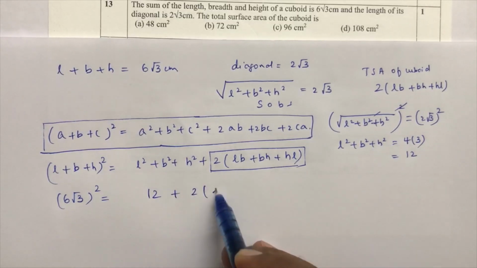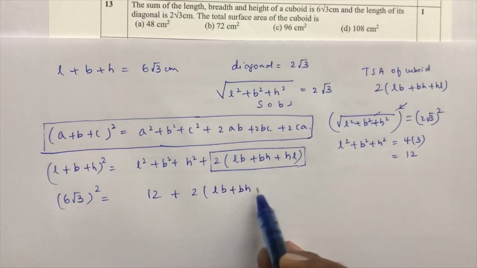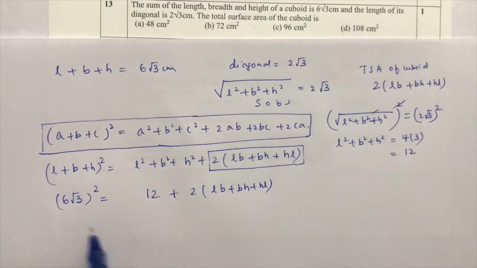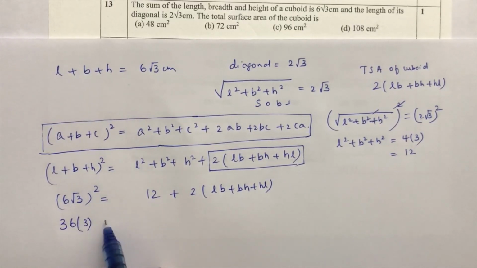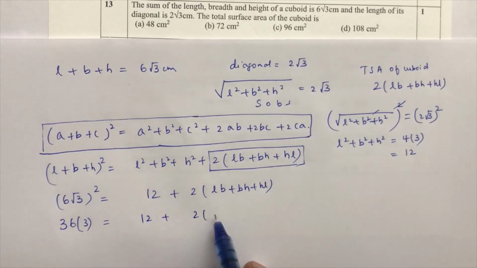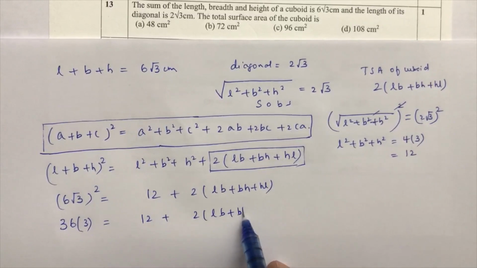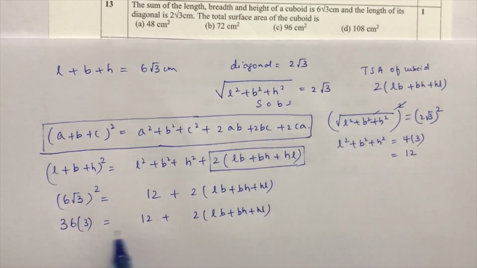Plus 2 into (lb + bh + hl). So this is 6 square, 36 into 3, equals 12 plus 2 into (lb + bh + hl). So 36 into 3 is 108, minus 12, equals this value.